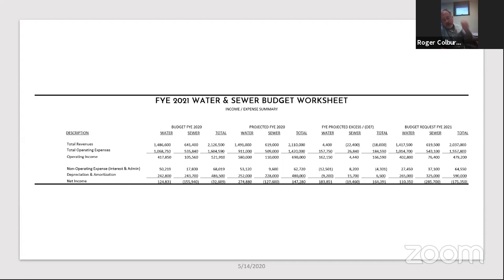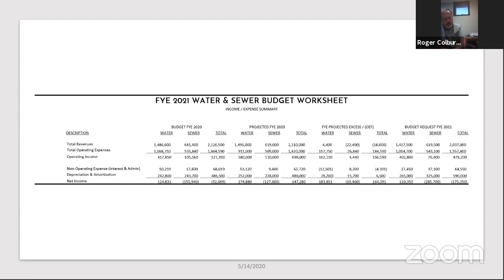We've been underwater on the sewer system for a while. I've been around the utility here for 30 years, and I don't ever remember them balancing the budget on the sewer system. They've always used water revenues to offset anything they were underwater on sewers. That's what we got. We can go back to that and talk about it in a few minutes.